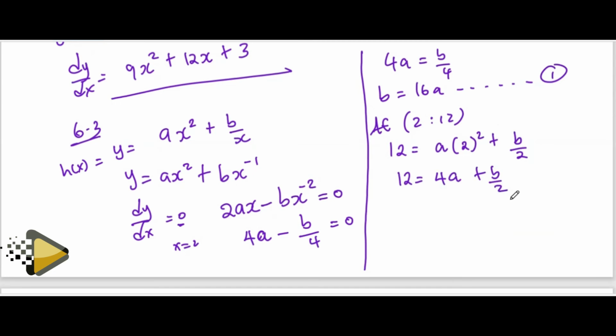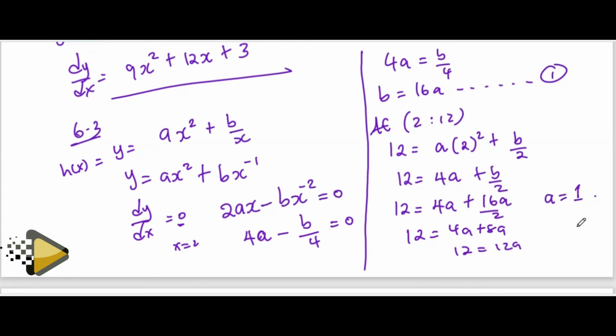But what did we say b was? b was 16a. So 12 is equal to 4a plus 16a over 2. Okay, so 12 is equal to 4a plus 8a. 12 is equal to 12a. Divide both sides by 12, which means that my a is a 1.